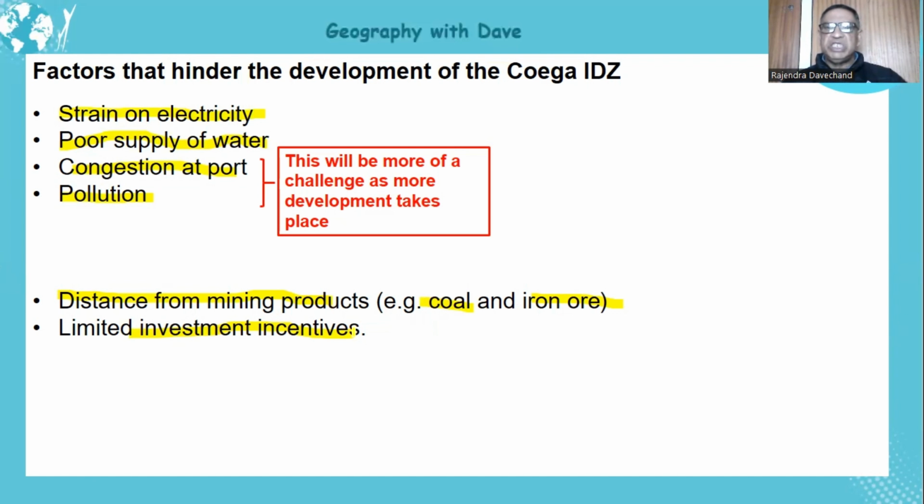We need to continue having investment incentives, like cheaper taxes or cutting away the red tape in terms of applications, but there's no financial assistance. So there is limited support, although the initiatives that have been put forward have made this place successful to a certain extent. Limited investment incentives from government is having a negative impact on investors.